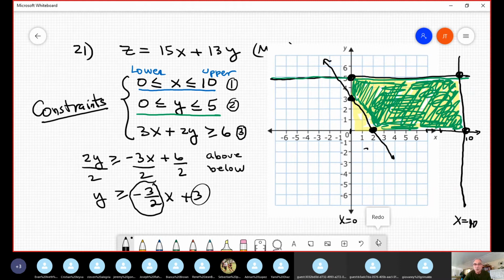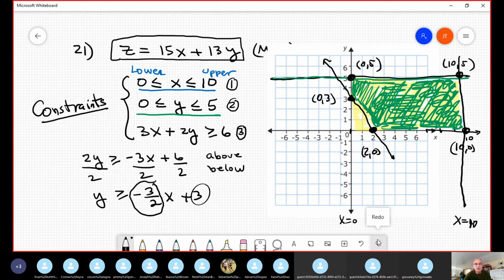This point is (2,0). This point is (0,3). This point is (0,5). This point is (10,5), and this point is (10,0). I substitute x and y of each corner into the objective function and verify where it's maximum or minimum.